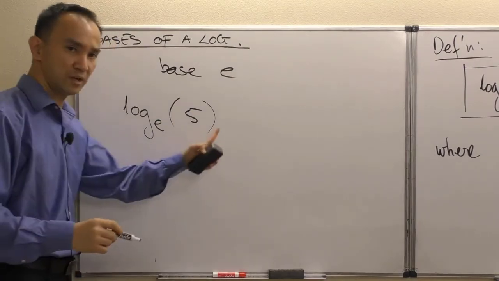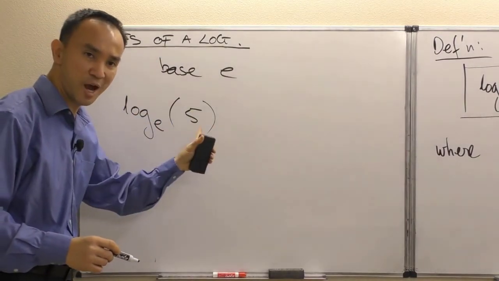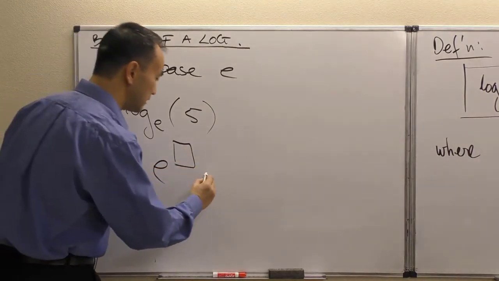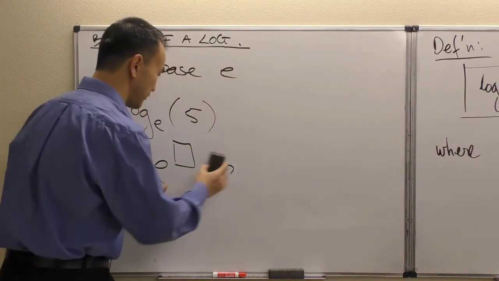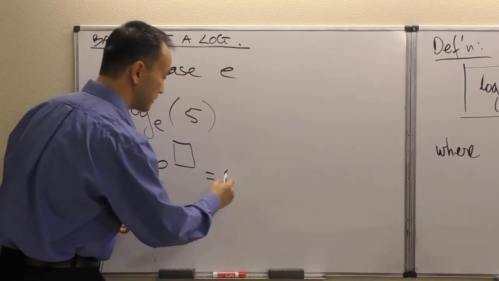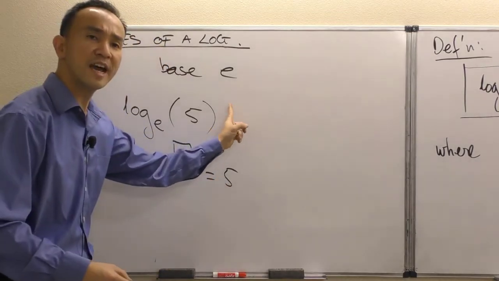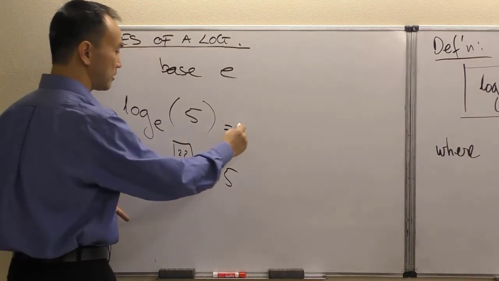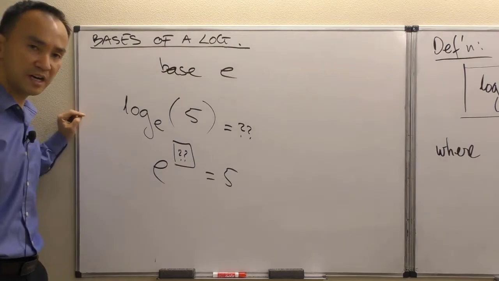I'm not saying that we can use our mental math skill to calculate the answer of this. It just means, what power of e equals 5? As far as understanding, our goal to find the answer means: what power of base e equals 5?